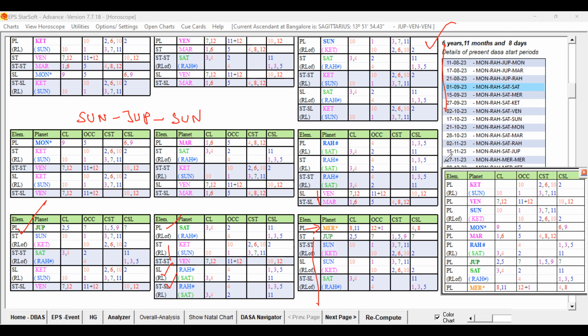We cannot think that. The planet which we are saying as a Bhukti Lord is not strong enough to conduct the event, that is different. Only the strongest planet will act as the Bhukti Lord. That is what we have to find in the timing of event for the event of marriage.